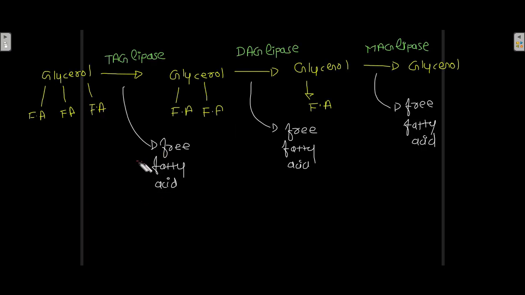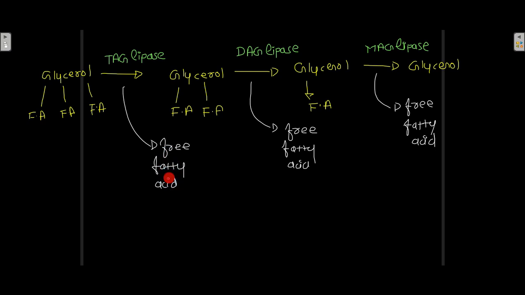So this is how the overall process looks like. This is how the breaking down of triacylglycerol looks like. This is your triacylglycerol. On this, TAG lipase enzyme acts and a free fatty acid is released.